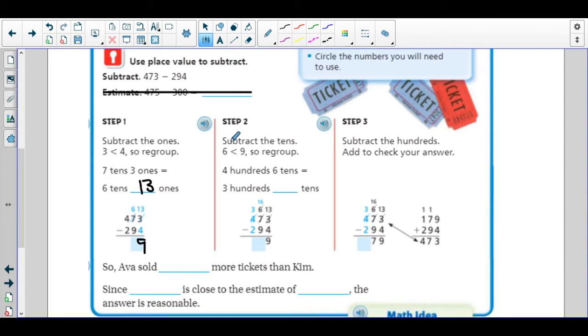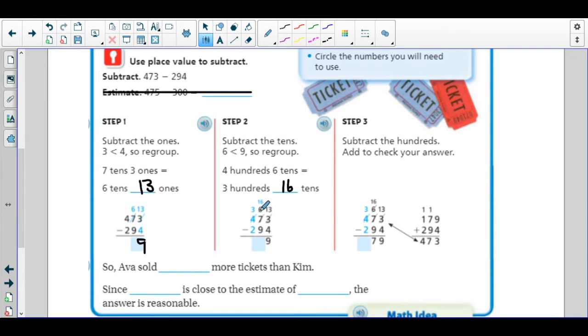Now let's go to the next one here. Subtract the tens. And since this 6, and remember we borrowed from here, so now the 7 is a 6. 6 is less than 9, so we need to borrow. And in this situation, 4 hundreds and 6 tens is equal to 3 hundreds and 16 tens.